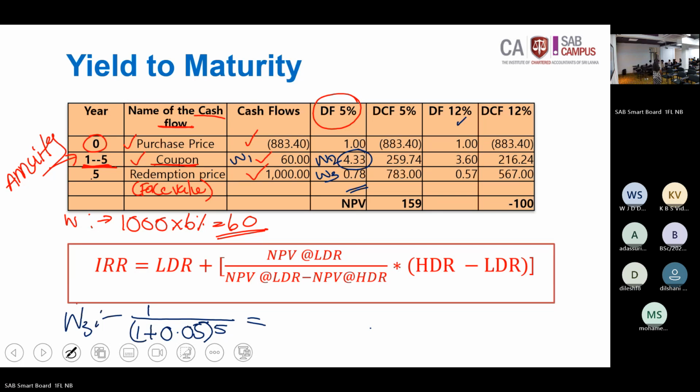What's the value? 1 divided by (1 plus R) to the power n. It's 0.78. That is working number 3, 0.78.